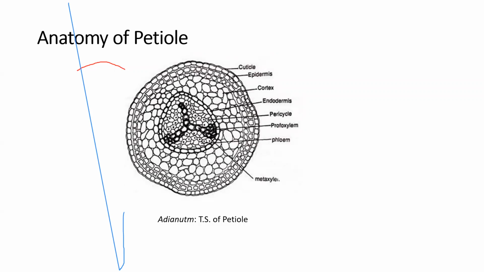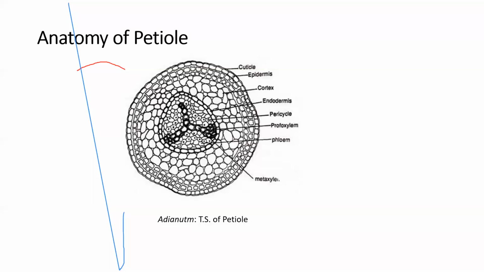Here the cortical tissue is subdivided into two distinct layers. The outer layer has thick-walled cells without any intercellular spaces. This is known as the hypodermis.